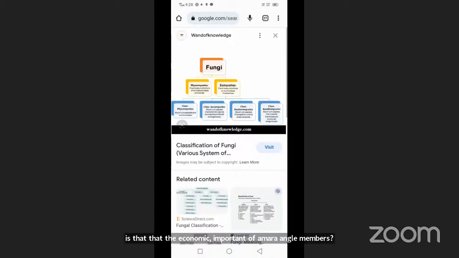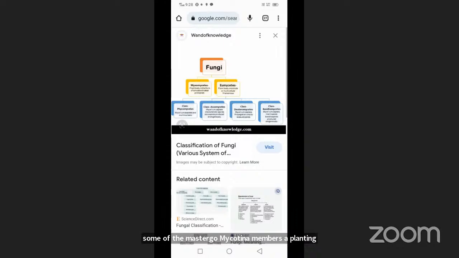Next one, life cycle also. Life cycle is also important in fungal members. The haplontic life cycle can be seen in some of the Mastigomycotina members, for example Mucor.